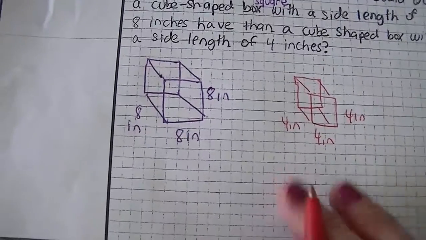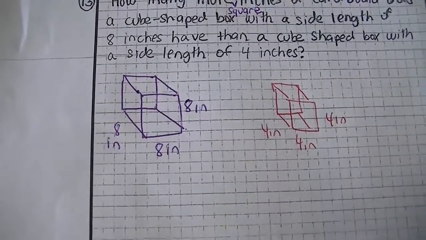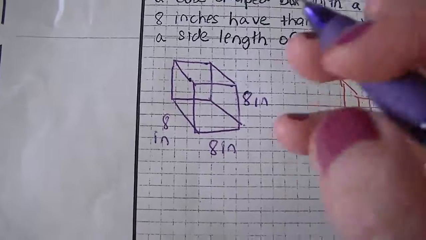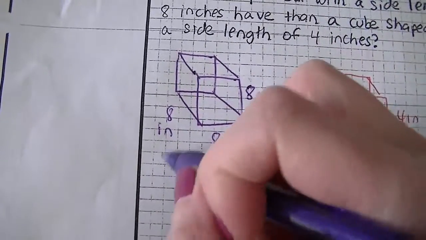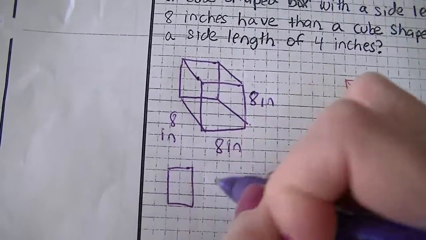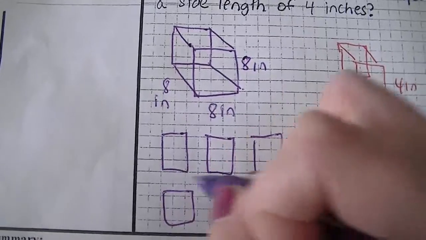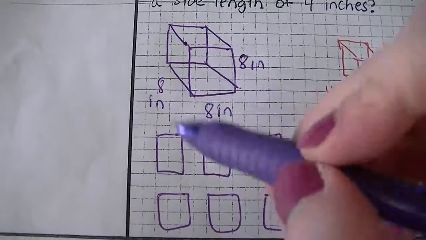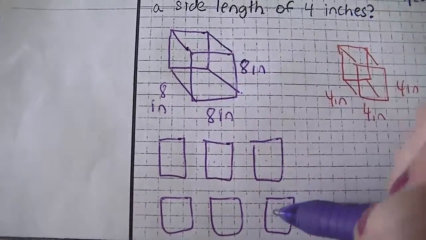And now let's go ahead and find the surface areas of each one of them. For me, I'm going to just draw kind of a net. I know that there are 6 sides on a cube, so I'm just going to draw 6 squares. This isn't really a net because they're not all connected, but each one represents one of the faces on the cube.